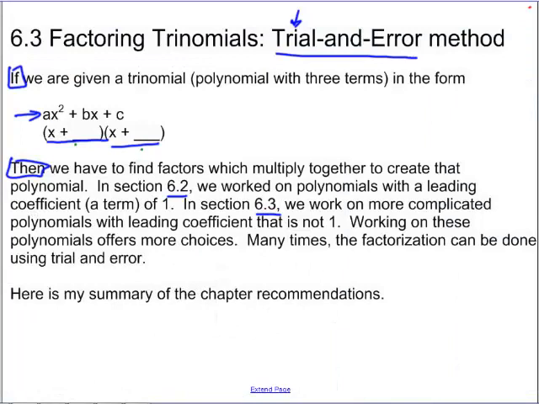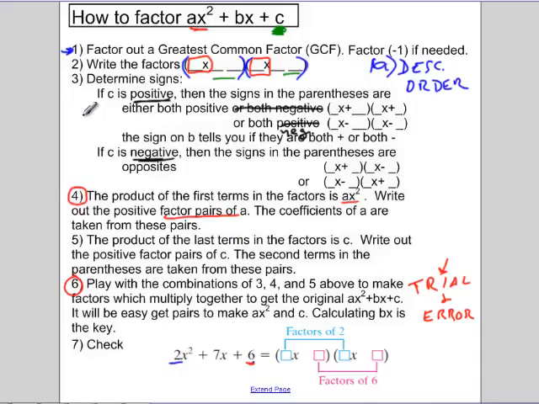So here, we're given ax squared plus bx plus c, and we've got to find these factors, the underlined blue factors. These factors multiplied together should give us that ax squared plus bx plus c. Here are a couple of steps we'll need to remember. You're probably very familiar with them already. Step number one is making our life easy. Step two is write the shell, the skeleton for our factorization.